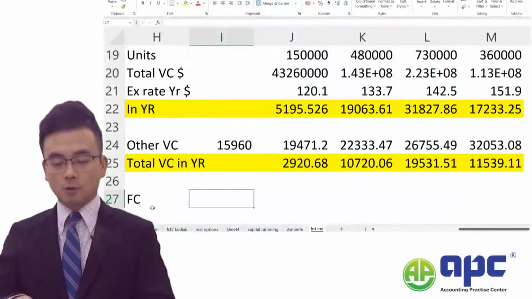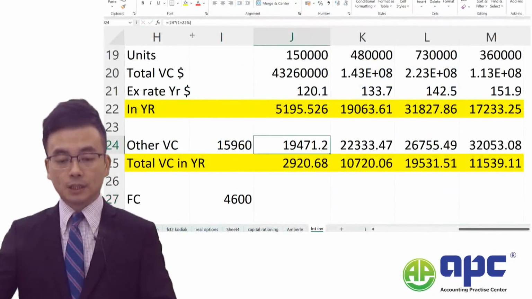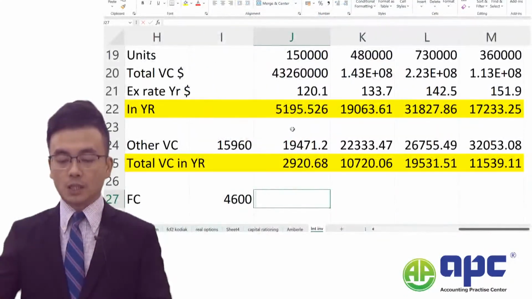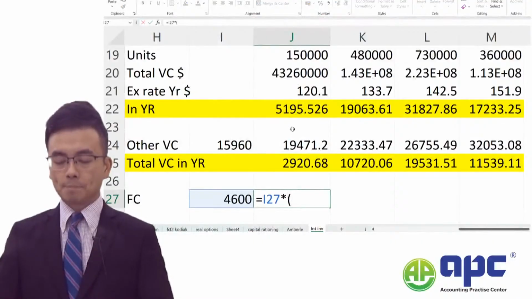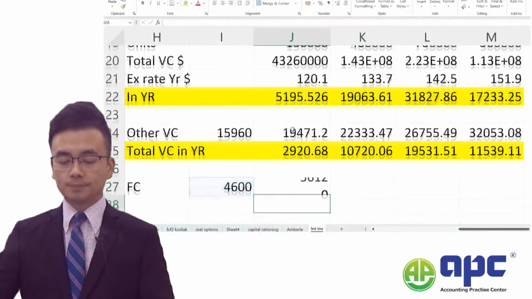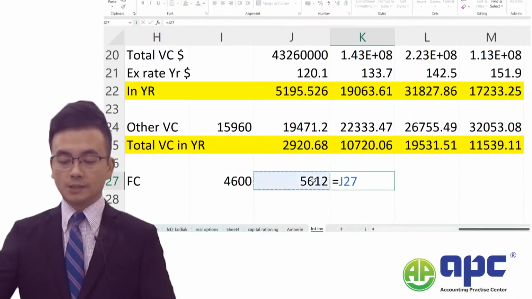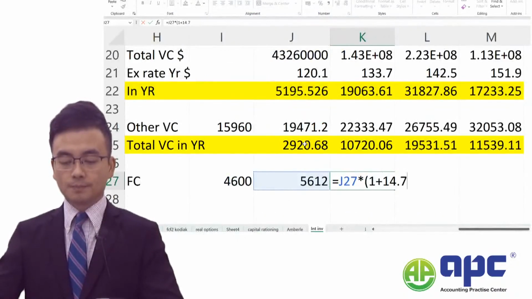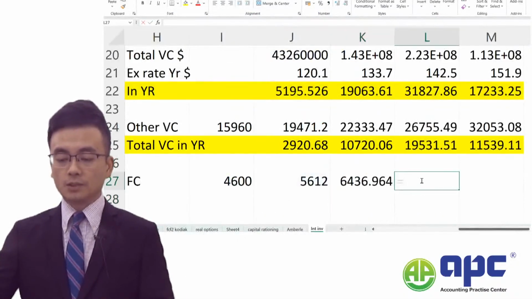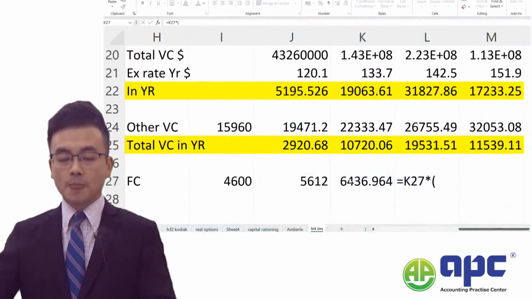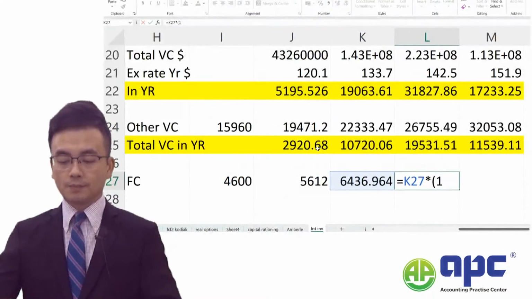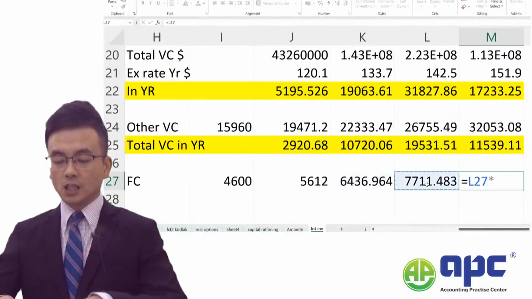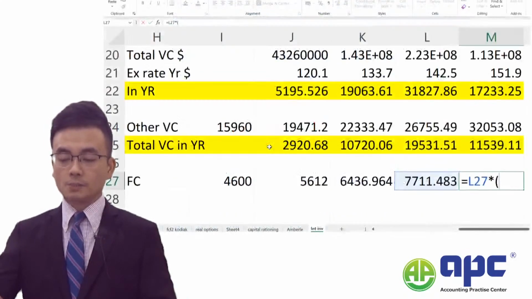So that will be 4,600, and for year one, because the inflation rate will be 22%, this equals this timing by 1 plus 22%, equals this timing by 1 plus 14.7%, equals this timing by 1 plus 19.8%, equals this timing by 1 plus 19.8%.